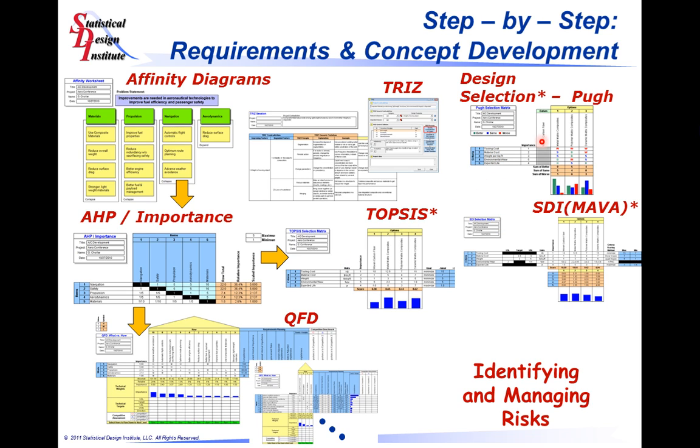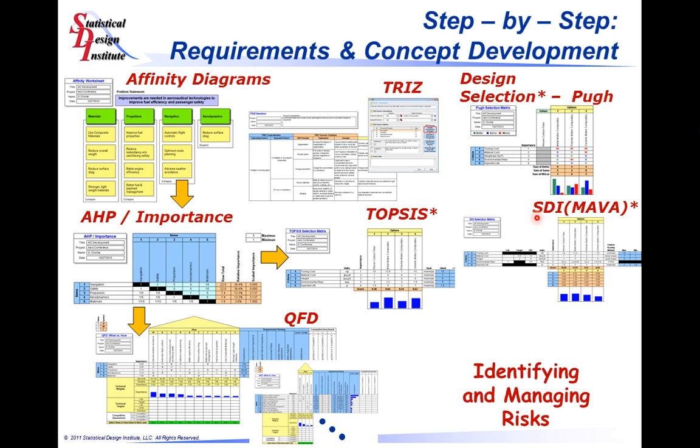Pugh, for doing a comparison with an existing or datum condition, a qualitative type evaluation. TOPSIS, which is a goal-based quantitative technique where now you can enter in numerical information regarding each design option as to how it performs with respect to your given criteria.